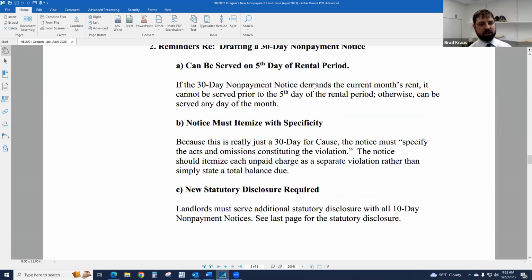So this is important right here too, and I see this all the time, I don't like notices that basically just state, you owe XYZ amount of dollars, and the cure is pay XYZ amount of dollars. Well, that may pass the smell test in some circumstances, and it may not in others. The other problem is that you may have amounts in that bulk amount that could be subject to waiver. And if you have amounts that are subject to waiver and your notice is not itemized, it can defeat the entirety of the notice.